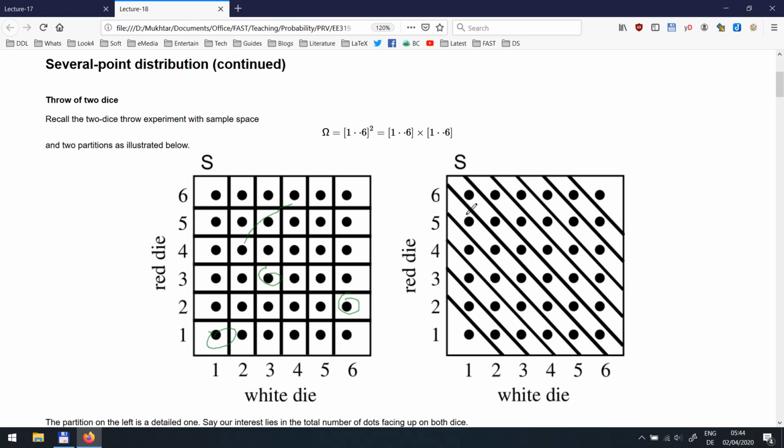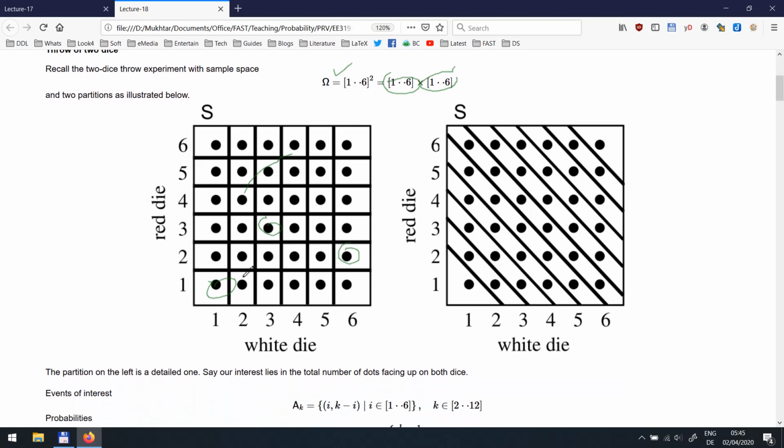But there is too much detail, and just remember, mathematically you can combine the sample space of one die with the sample space of the other die, just cross it, Cartesian product, and you have this combined sample space. What if we are interested not in the pair but in the total number of dots? Let's say that's all I need.